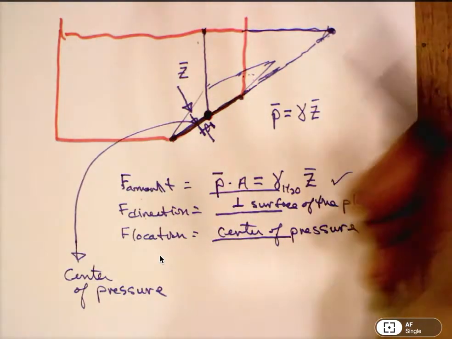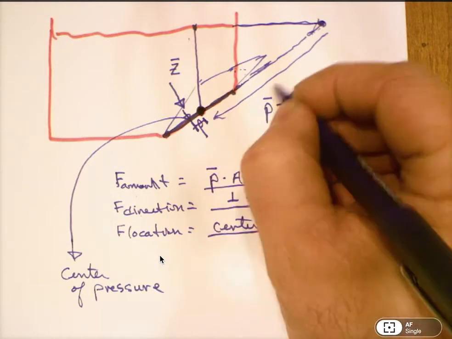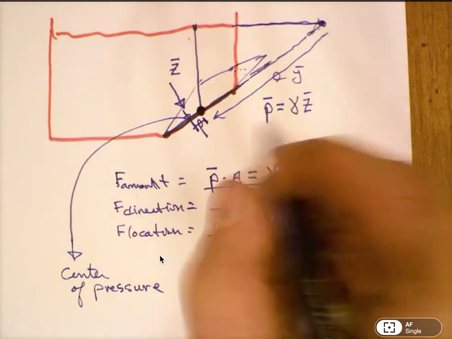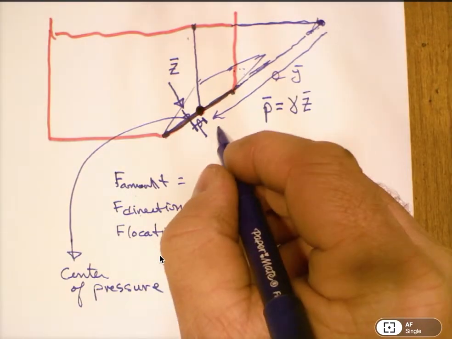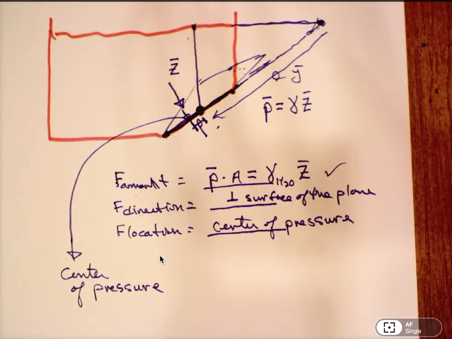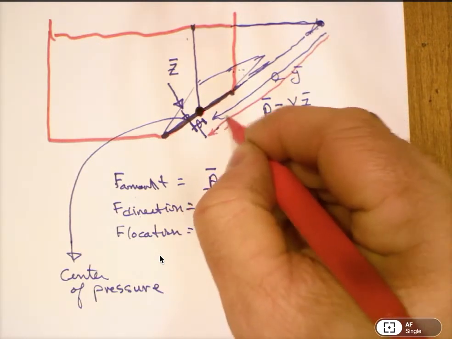They're outside the tank. We call this distance to the centroid y bar, and we call the distance from that same point all the way down to the center of pressure YCP.